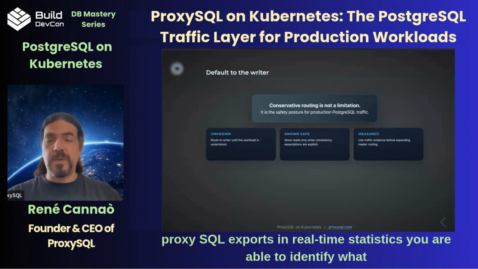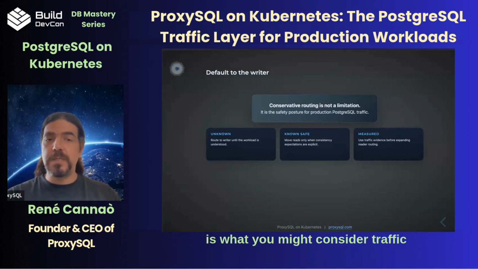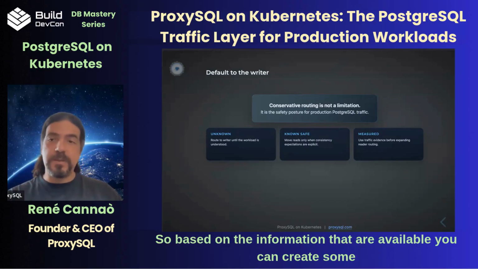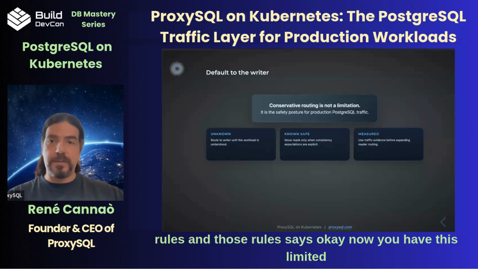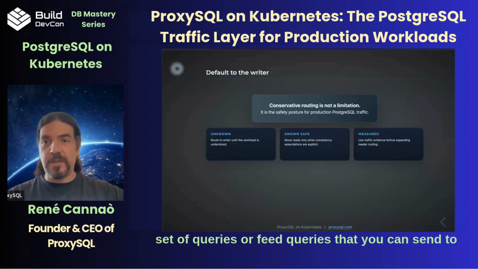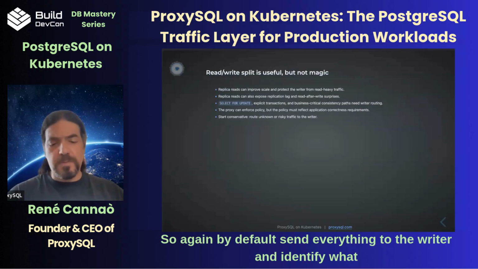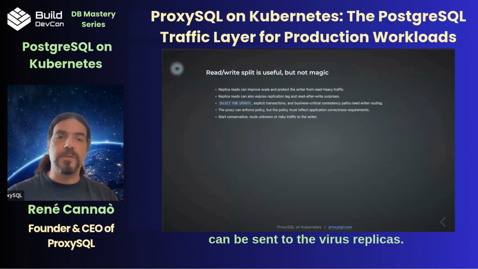Because ProxySQL exports real-time statistics, you're able to identify what traffic is safe to be sent to the replicas. Based on the available information, you can create rules saying, okay, now you have this limited set of queries that you can send to a different host group, the reader host group. So again, by default, send everything to the writer and identify what can be sent to the various replicas.